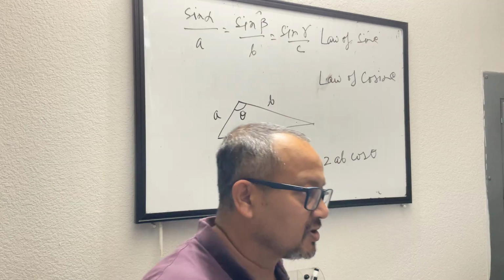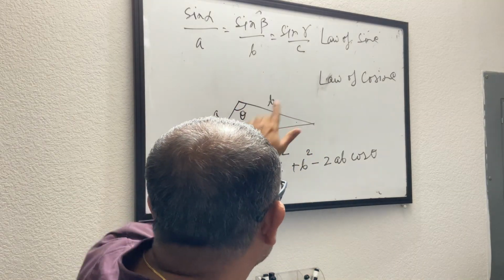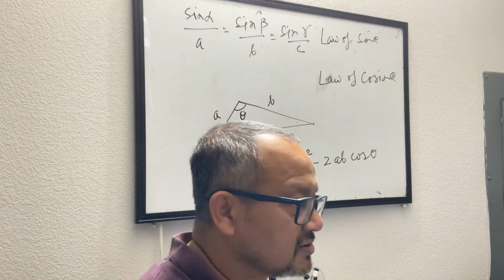There is a relationship. So what it's saying is, if you know two of the sides and the angle between them, you can find the third side.